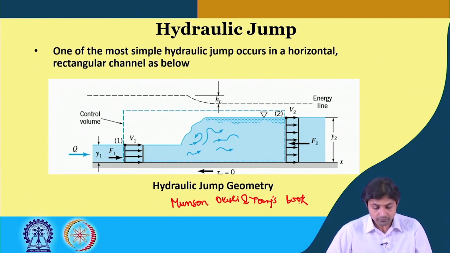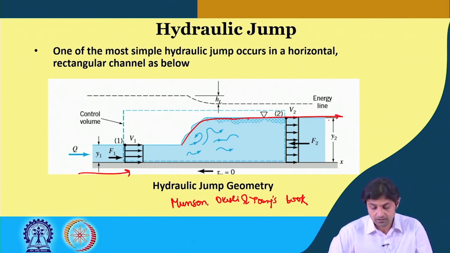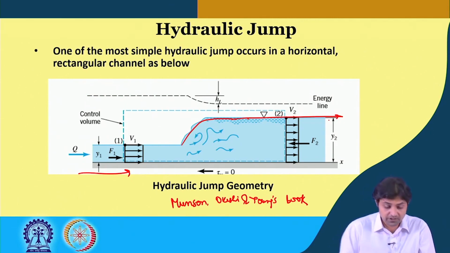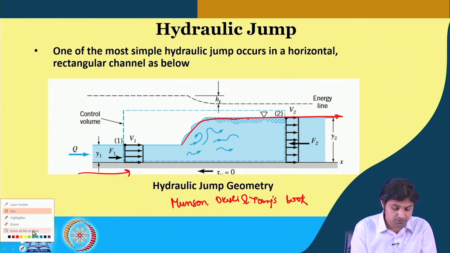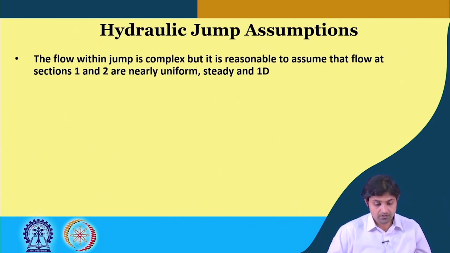So, if there is a flow that is coming like this in this direction, and the water surface elevation due to the influence arises like this, then this is the simplest case of hydraulic jump. We are going to derive the equation for hydraulic jump, and we will take the help of this particular figure.